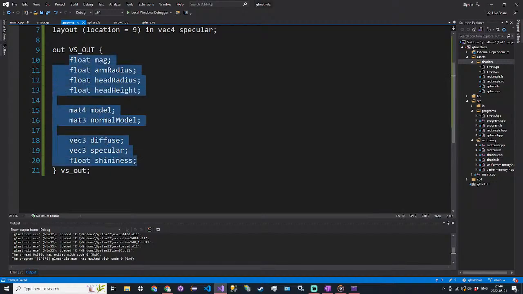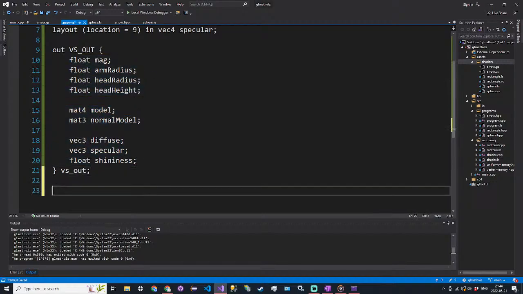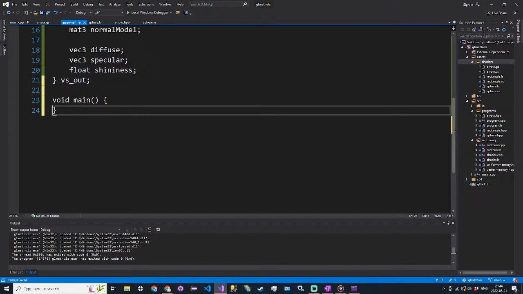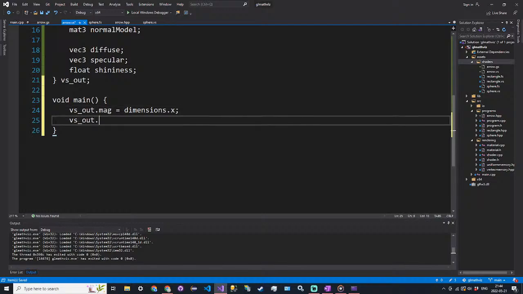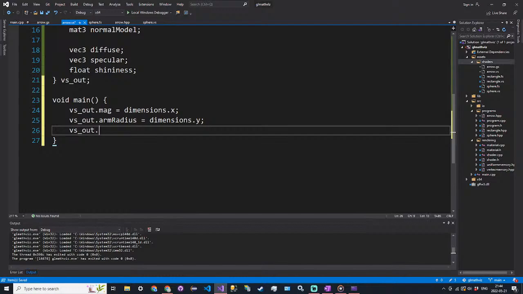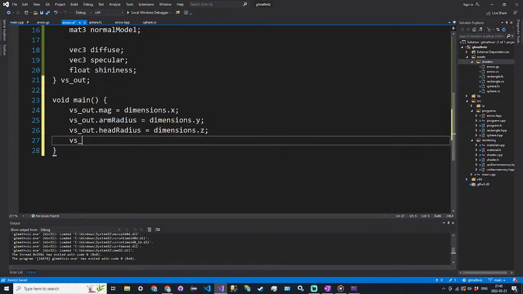So we just need to populate these values in the main function. So void main, we're first going to start with the first four, which we just essentially send in values from the dimensions vector. So vs out.magnitude is equal to dimensions.x, vs out.radius, the arm radius, is equal to dimensions.y, vs out.head radius is equal to dimensions.z, and then head height is equal to dimensions.w, or the fourth component.